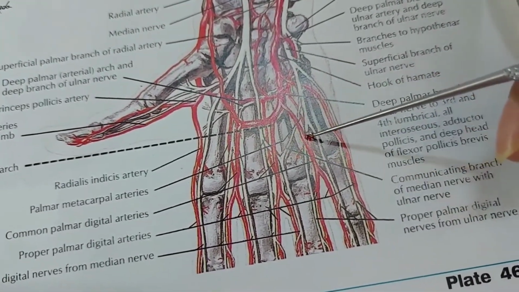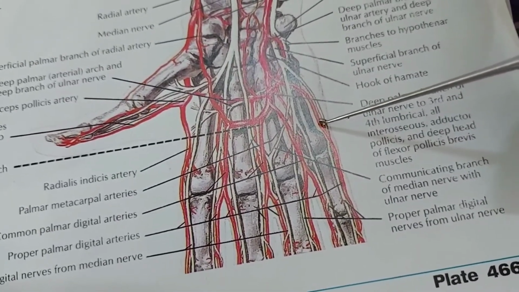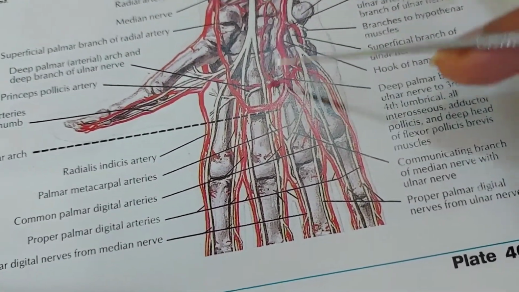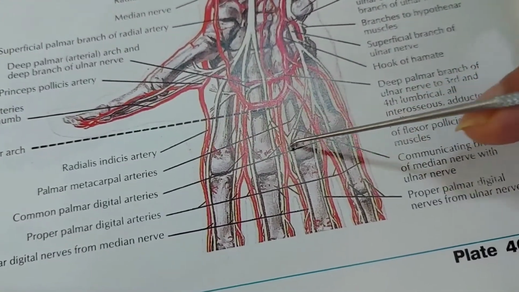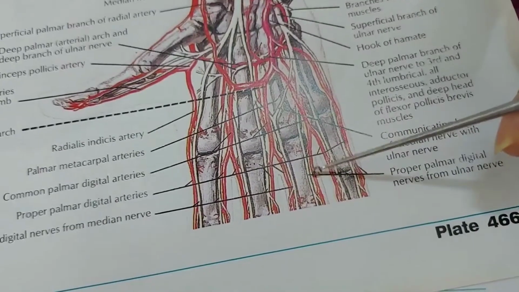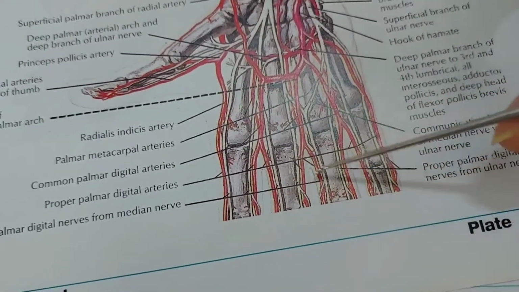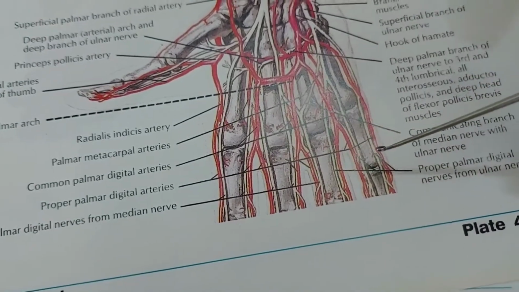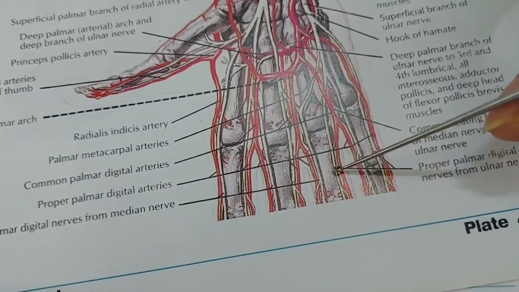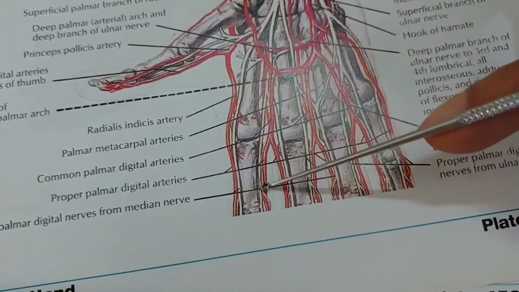Three metacarpal and one palmar proper branch arise from this superficial palmar arch. These metacarpal arteries finally divide into the palmar proper digital arteries, supplying the little finger, ring finger, middle finger, and the ulnar side of the index finger.